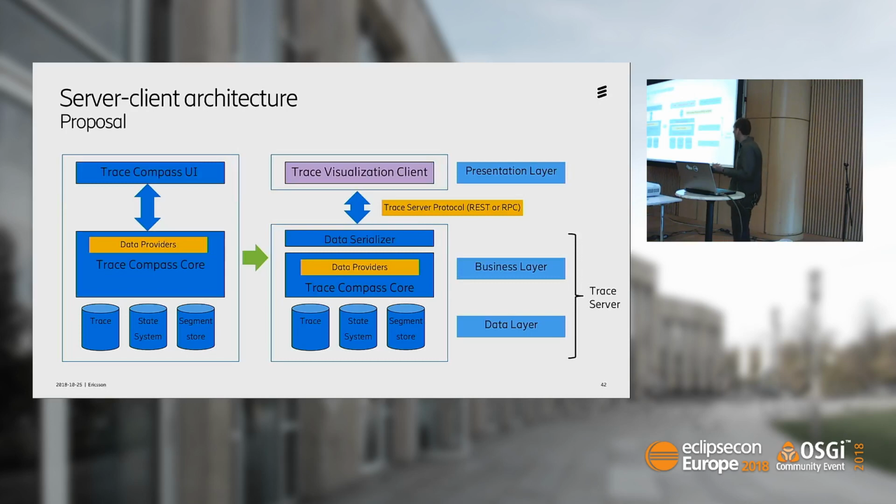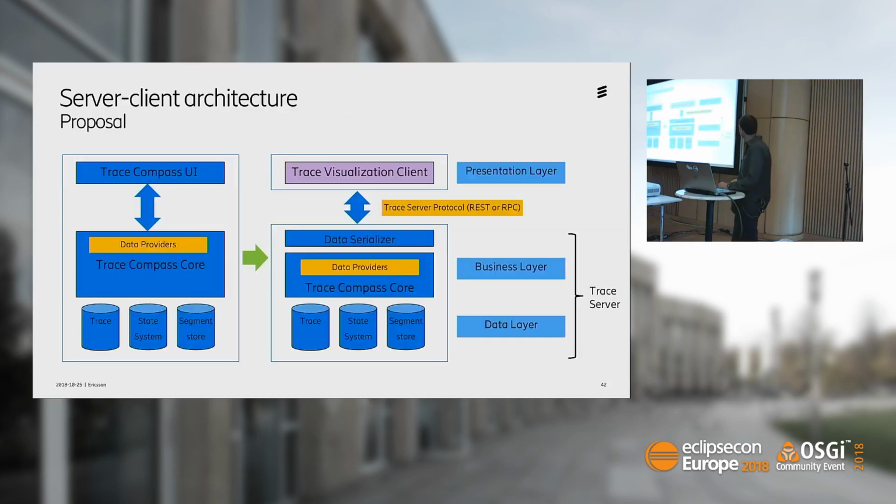The data providers are meant in such a way that you can serialize the data. Once you are able to serialize the data, we can send that information over a protocol somewhere else. So you can now decouple the trace server implementation from the UI, the presentation layer. This is our proposal for a way forward to have this layered architecture.